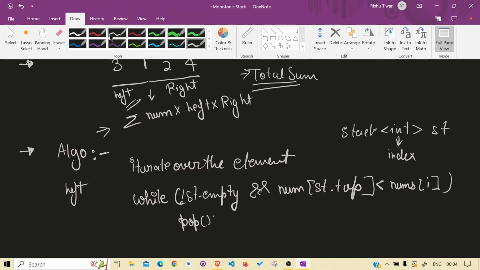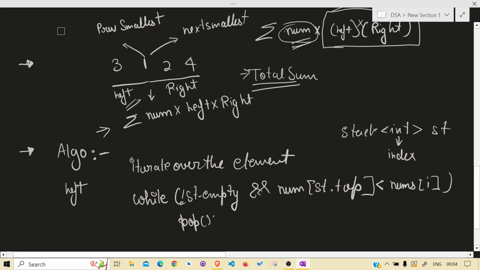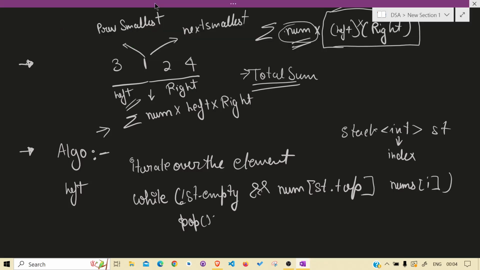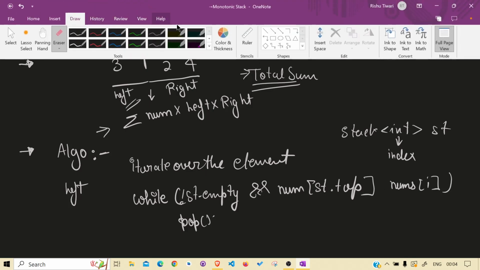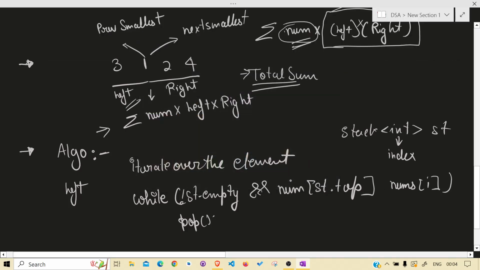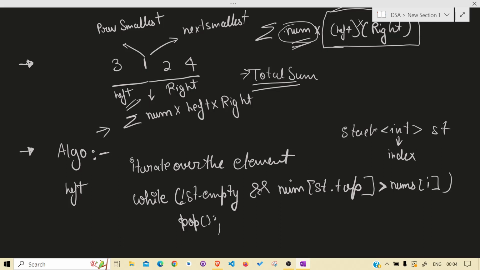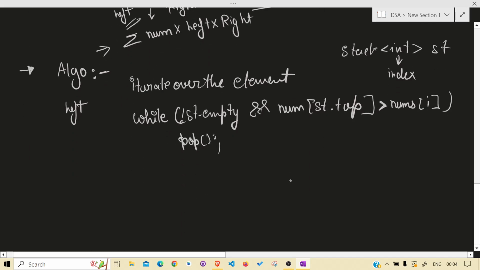It's a mistake, because it wasn't making any sense. When this happens, because we want it in increasing order, and if top is greater than the current, replace it, because smaller is first, and while coming out of the loop we will have a left.